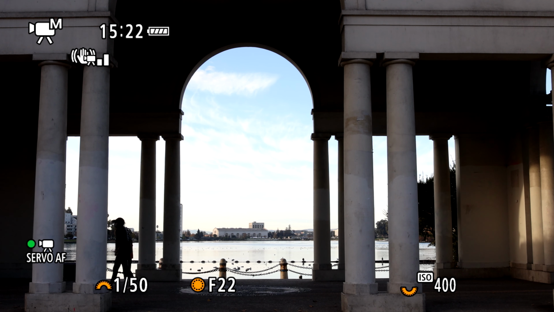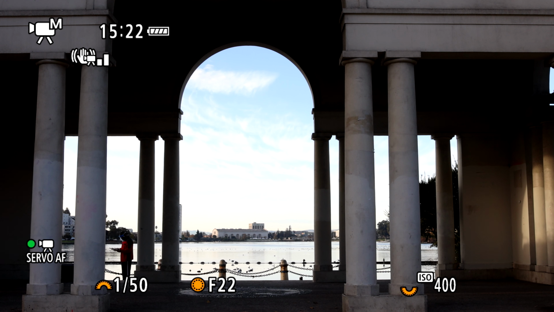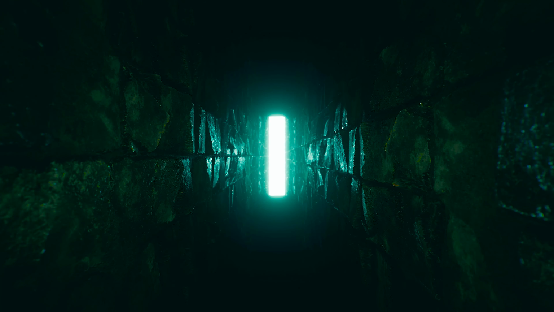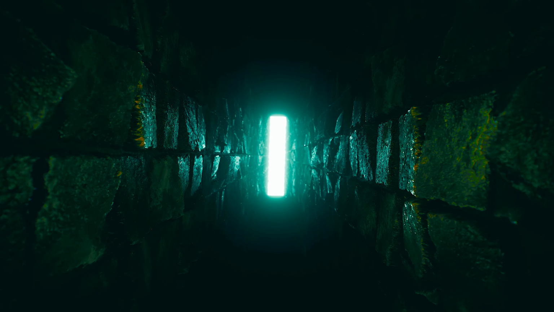Now, what's the trade-off with this? As you increase the ISO and the sensor becomes more sensitive, it picks up additional things, additional artifacts. So what you'll notice is sometimes you'll see something called noise in your image, right? This noise is caused because the sensor is picking up additional artifacts on the sensor because it's more sensitive.